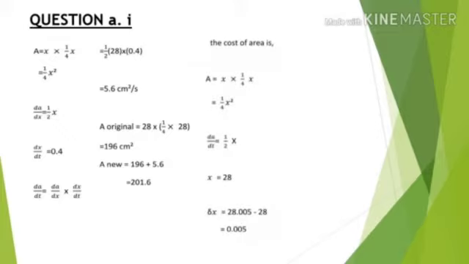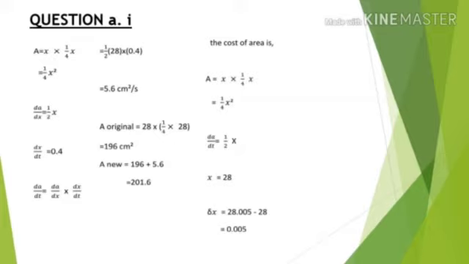Based on the question, first we need to find the delta x, which is 28.005 minus the original x, which is 28.